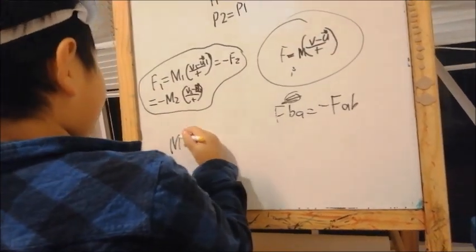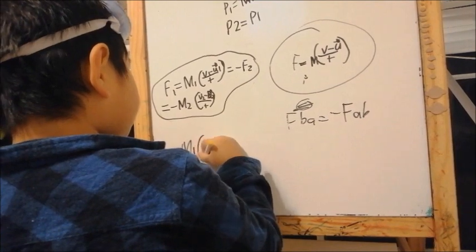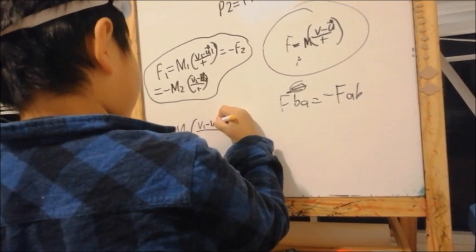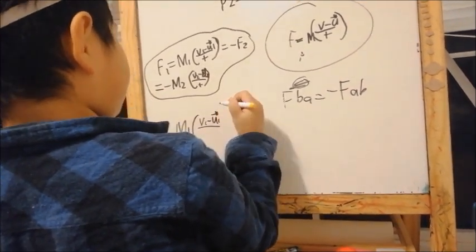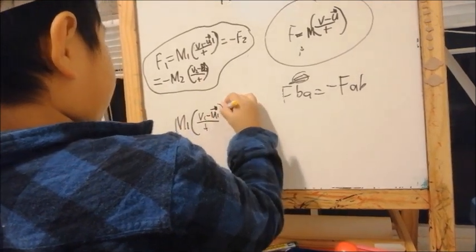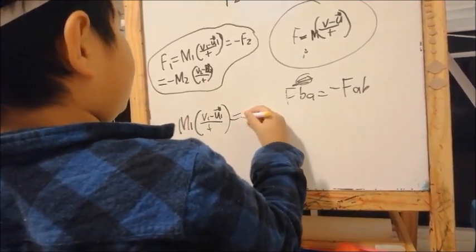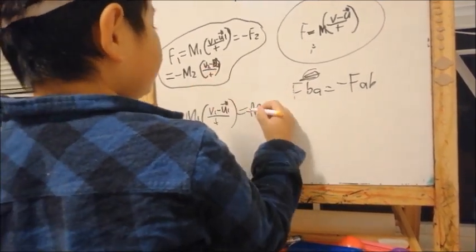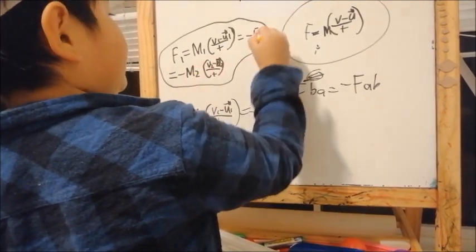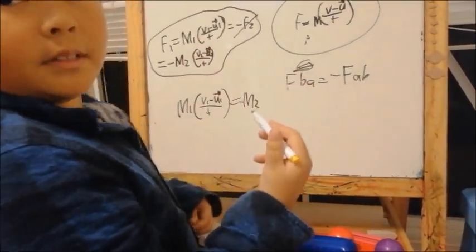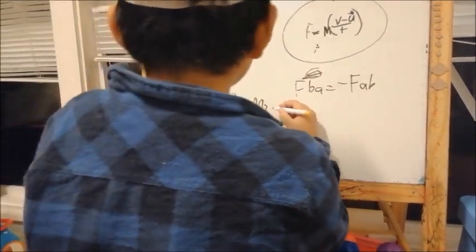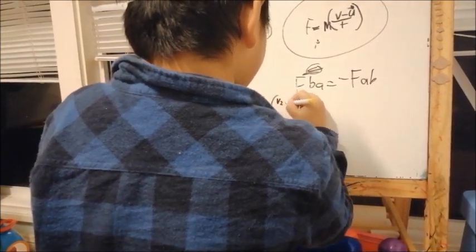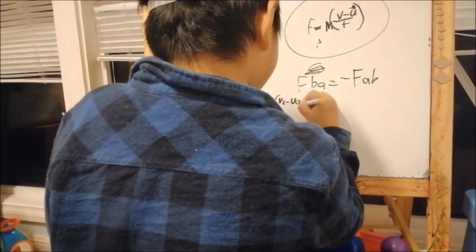So all we need is M1 V1 minus U1 over time taken, then equals minus M2, V2 minus U2.